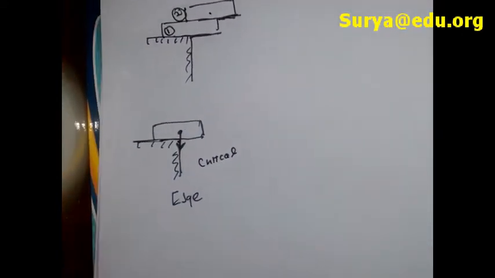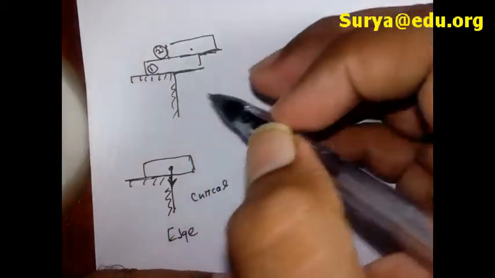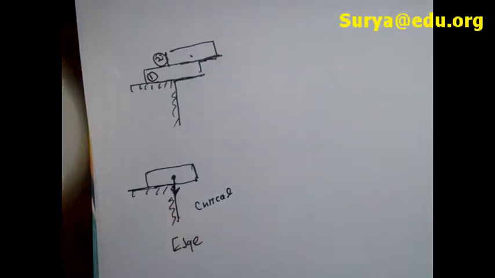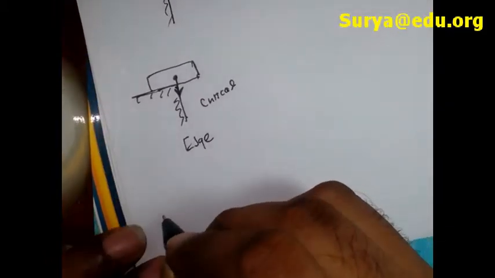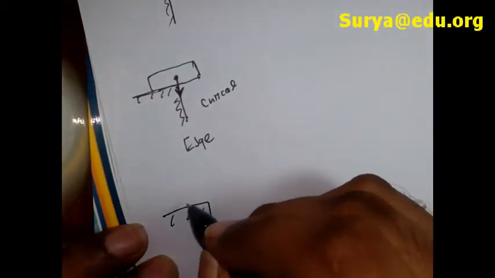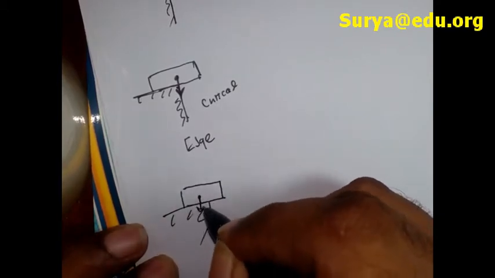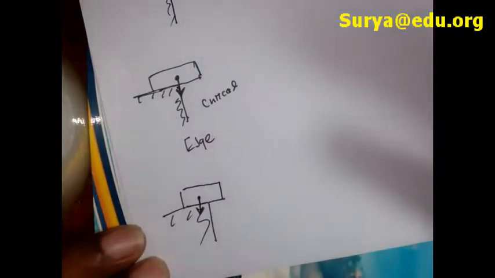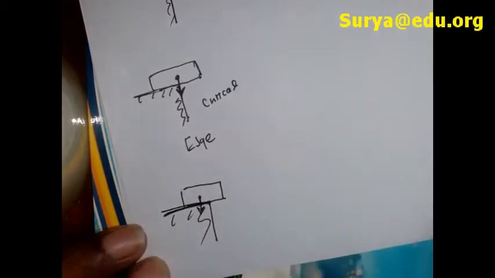Now we have to find the respective length for block 2 and block 1 such that it will stay at a balance position. It's very easy. What's the logic? In order for the balance scenario, definitely the center of gravity should lie on the table region. What is the table region? This region, or in other words this length, is the table region.